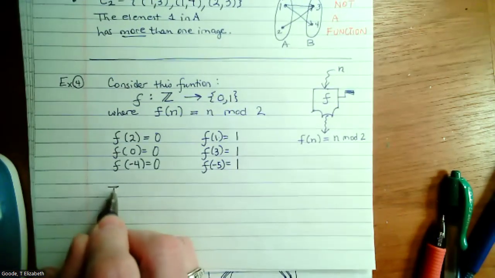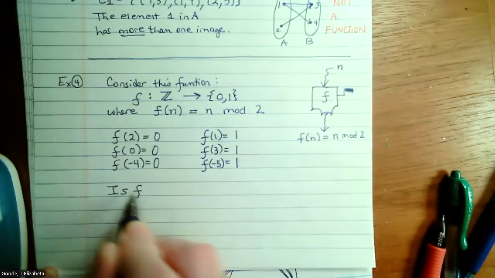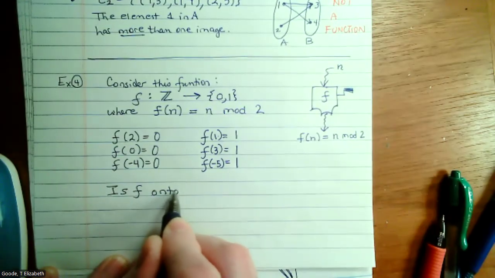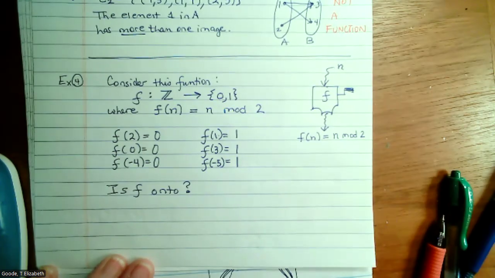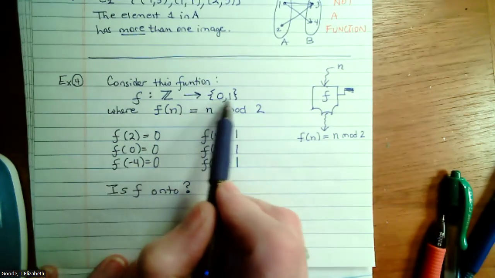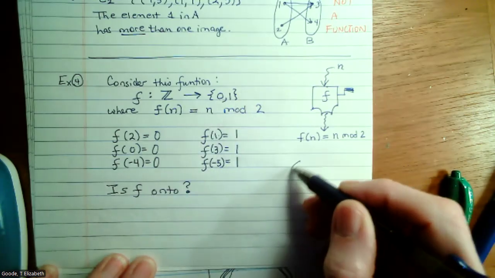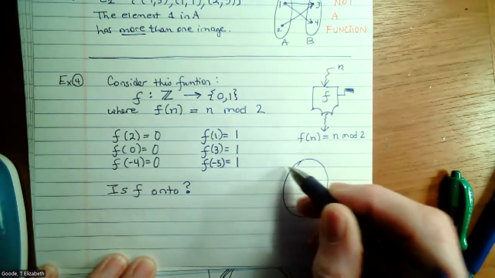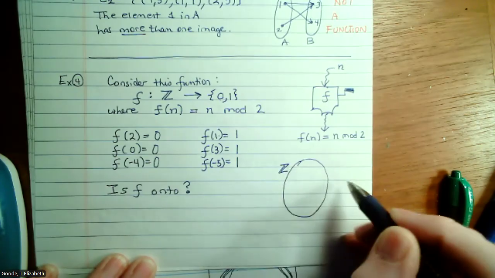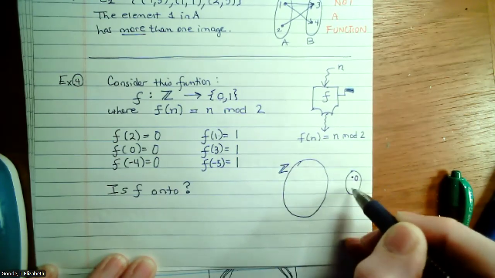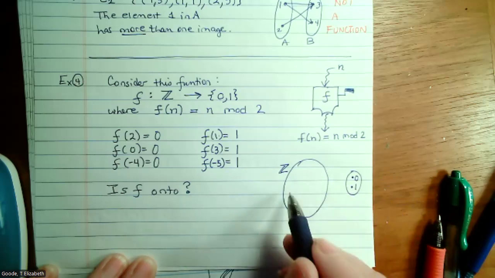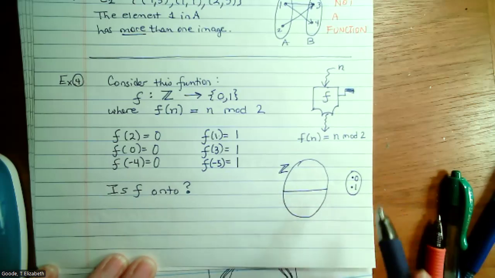So here's a question. Is f onto? Ooh. No. Well, let's take a look at what the codomain is. We're mapping from a big set Z into a teeny tiny set that just has 2 elements, right?